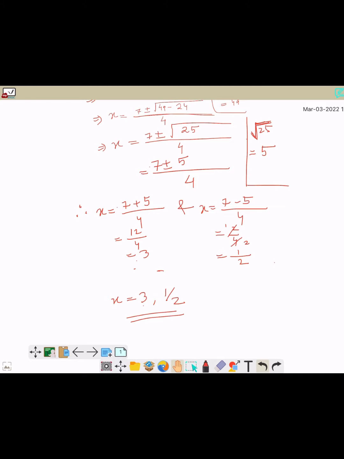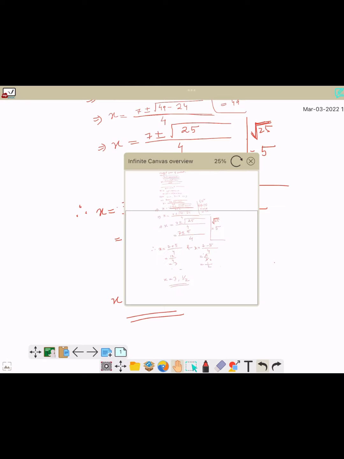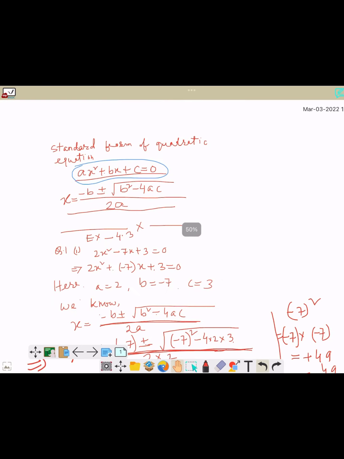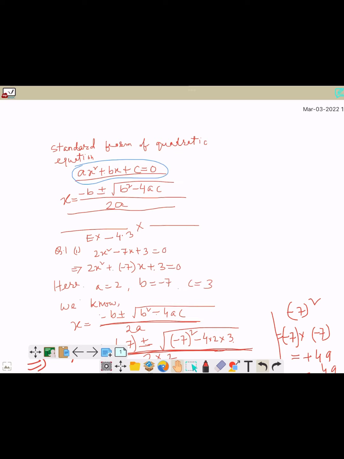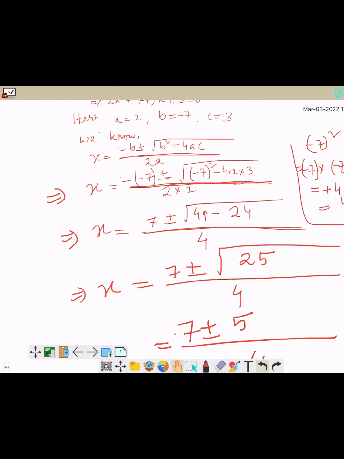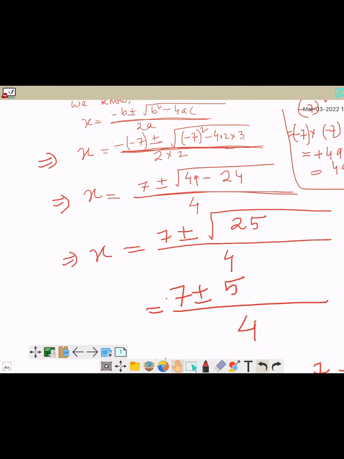In the next class we will learn the nature of roots for this quadratic equation. If we can study the nature, we can say about the roots of any quadratic equation. There will be various questions in your exam regarding the nature of roots. So next time we will understand the nature of roots of a quadratic equation.